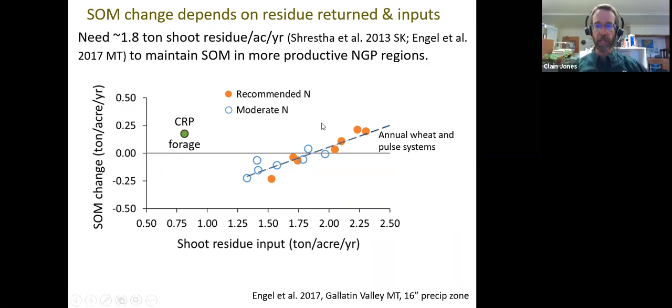So this 1.8 tons per acre per year must equal about how much carbon dioxide is going up to the atmosphere. Those microbes are working all the time and not keeping all that carbon in the soil. So that's the big reason why we can't get away with less residue input, because the microbes are using it up. Any questions on that?